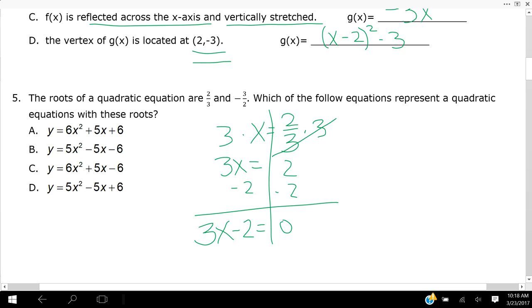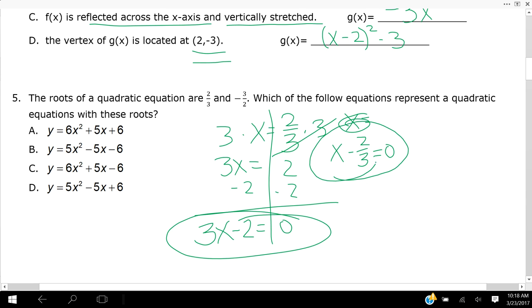That is the same as x minus 2/3 equals 0. It's the same thing, but this is going to give you the right answer. This is going to leave you with extra work to do at the end. So go ahead and set x equal to 0 and get rid of your fractions.